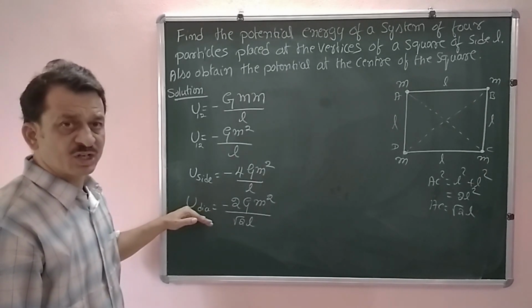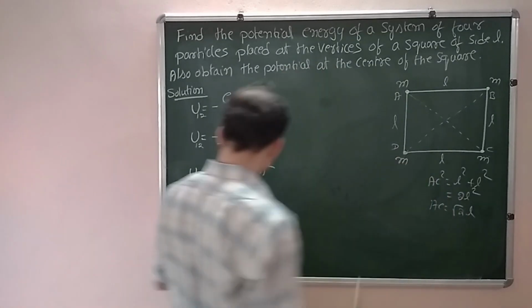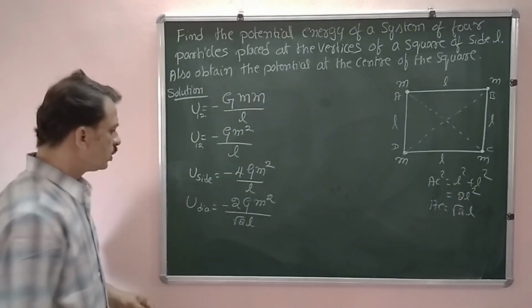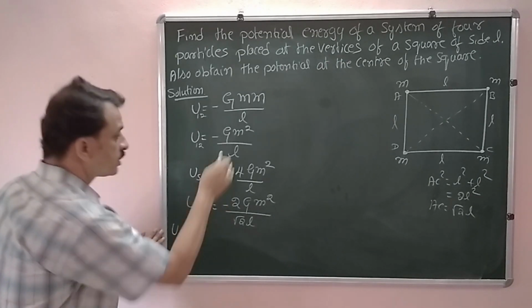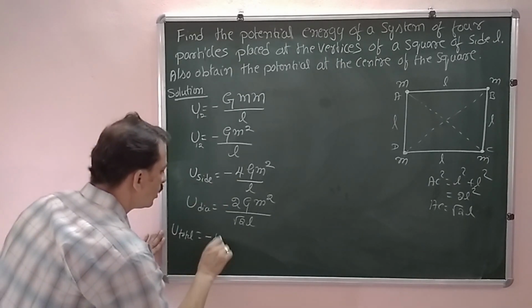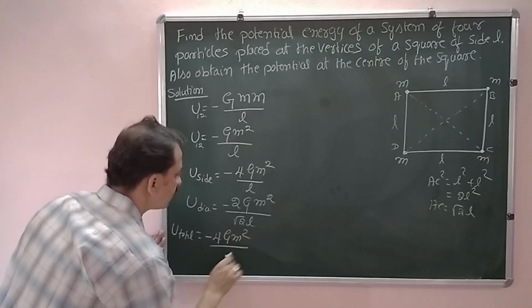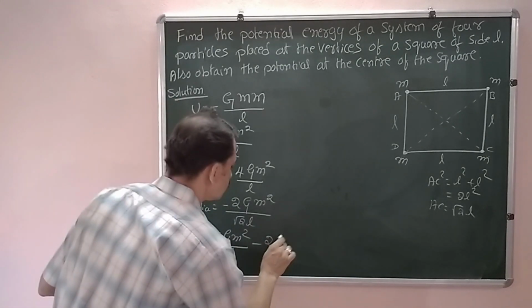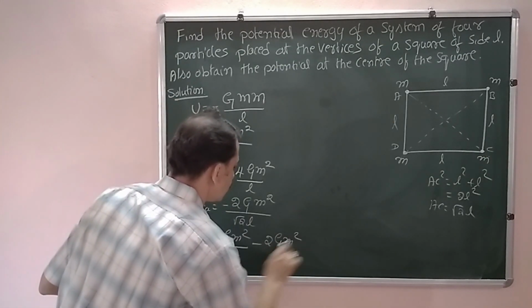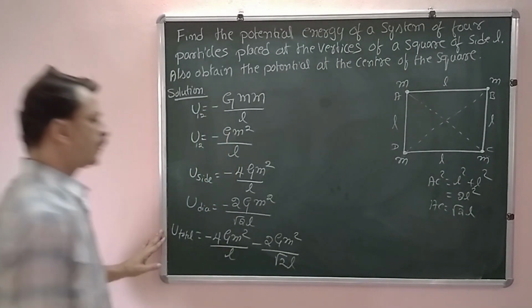This is the potential along the diagonal pair of particles, and we have 2 diagonals. Therefore the total sum of these two is minus 4 G m square divided by L, minus 2 G m square divided by root 2 into L.